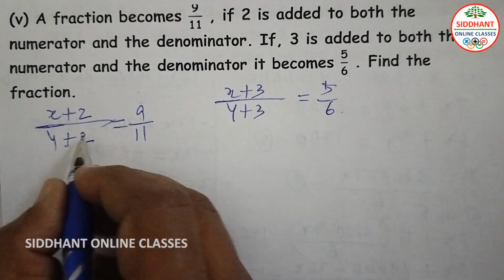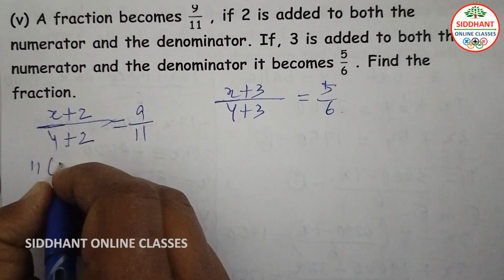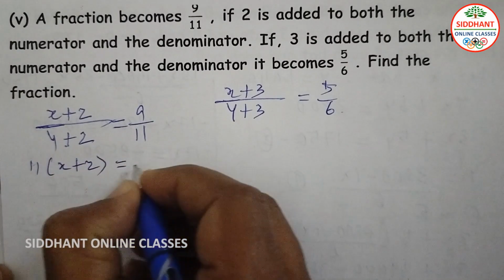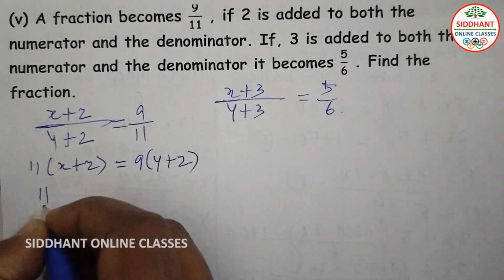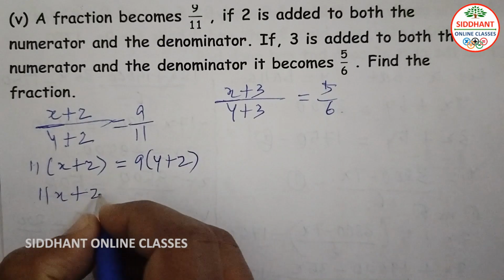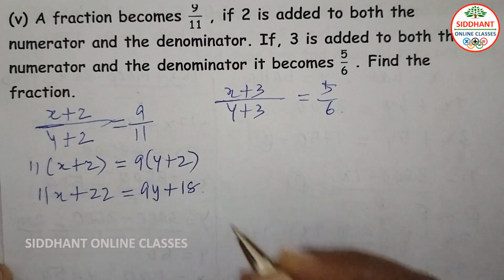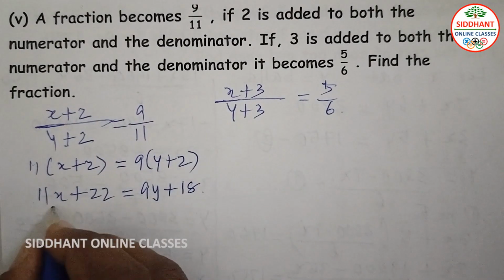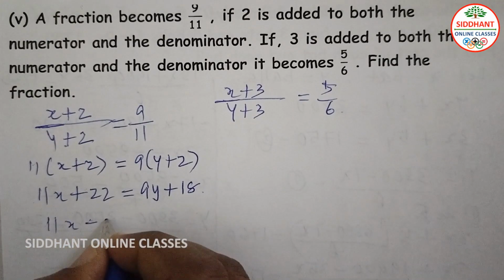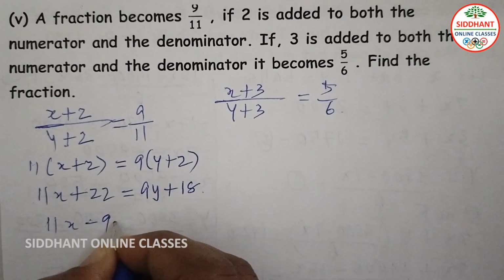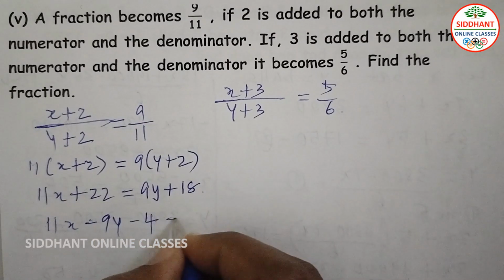Now we are going to find out the equations by cross multiplication. Here 11 into x plus 2 equals 9 into y plus 2. So that will become 11x plus 22 equals 9y plus 18 here. So now 11x minus 9y, here 22 minus 18, which will be 4, equals 0 here.